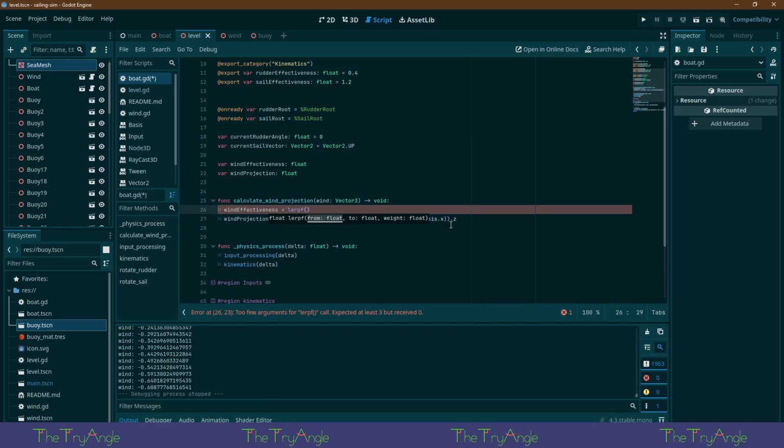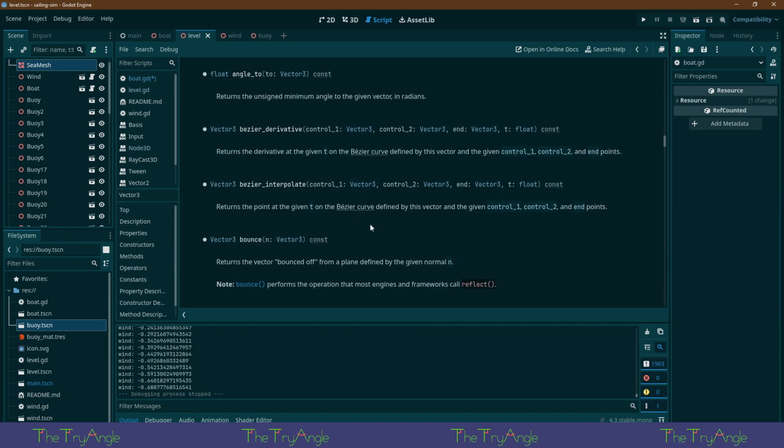Well, let's think here. It'll be based on the angle between the wind and the boat. So we could probably just say the boat's Z direction, Angle 2.